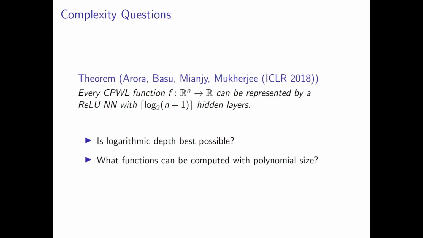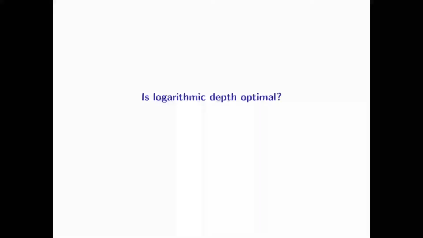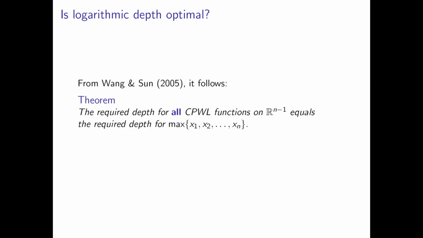Okay. Let's go. Is logarithmic depth optimal? And yeah, the first observation is, I guess this was maybe already clear, but they write it down as a theorem here, that we only need to understand the maximum function. By this Wang and Sun result, which we just discussed, basically everything boils down to the maximum function.